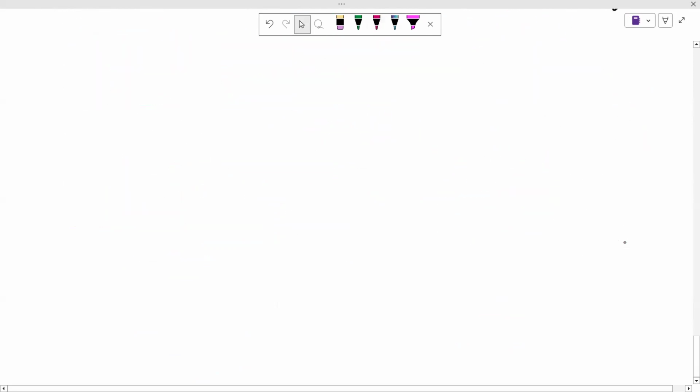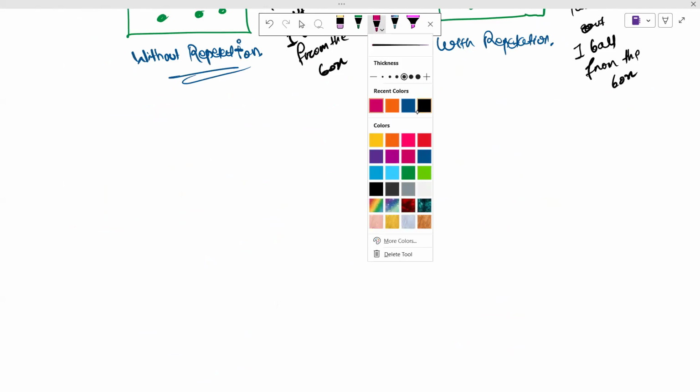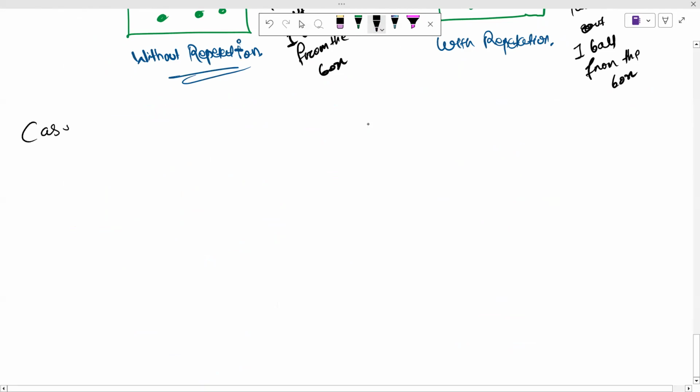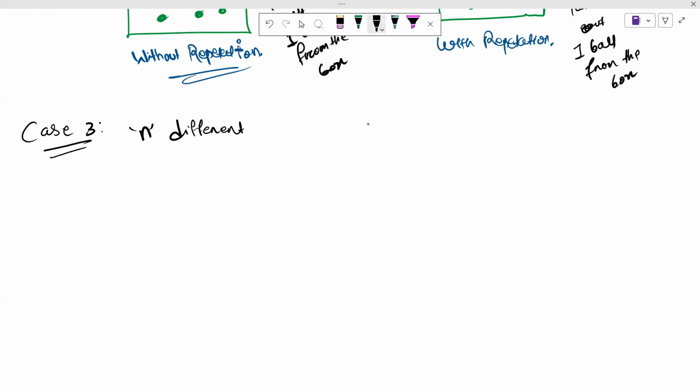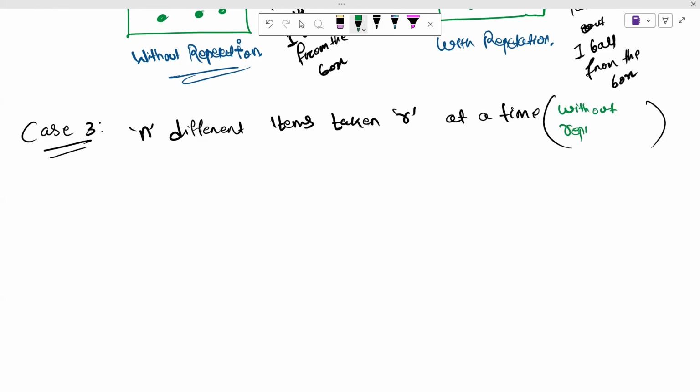Now let's go to case number 3. In this case, n different items are taken r at a time, and the condition is without replacement.